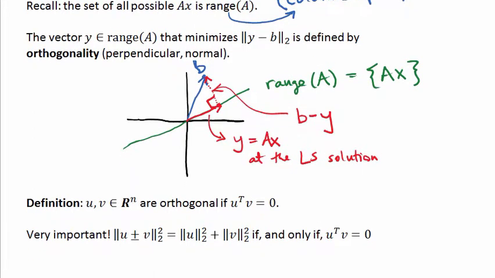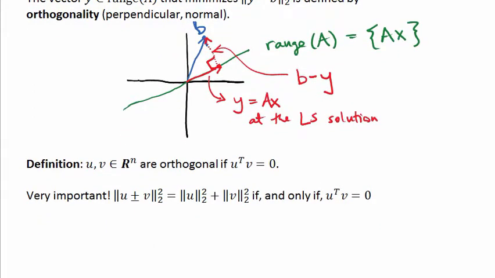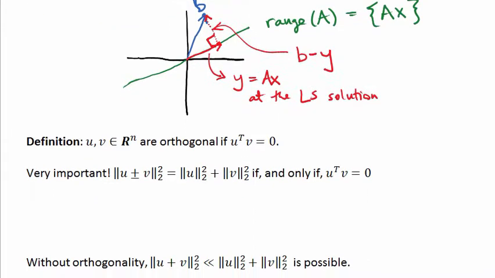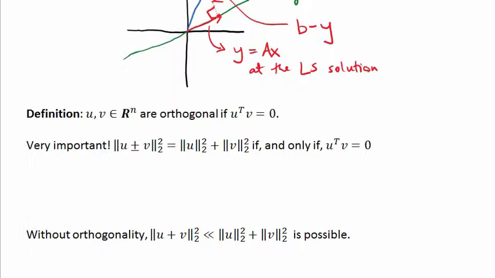All right. So the natural definition that follows from vector calculus is that two vectors in R^n are orthogonal if their inner product is equal to 0. You might remember from vector calc that the dot product of two vectors is equal to the length of each one times the cosine of the angle between them.